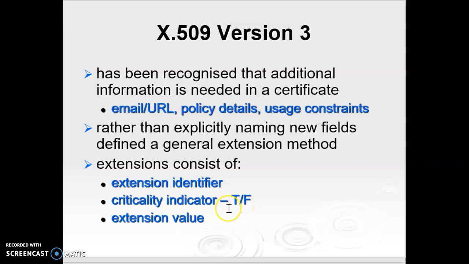If the indicator has a value of true and the implementation does not recognize the extension, it must treat the certificate as invalid. Another thing is the extension values. So these three fields are the extension fields which are used in X.509 version 3.